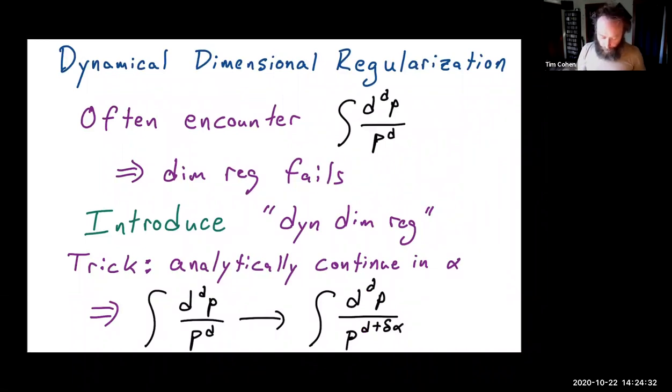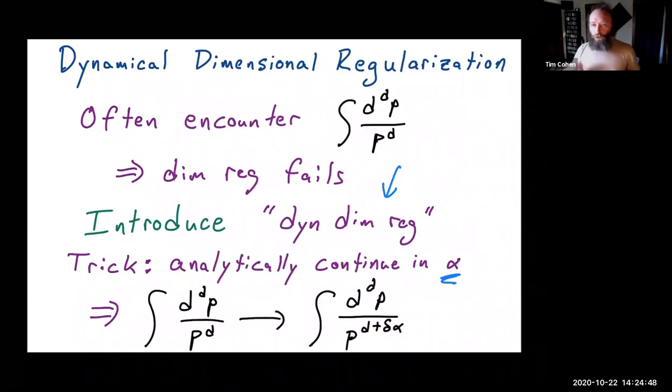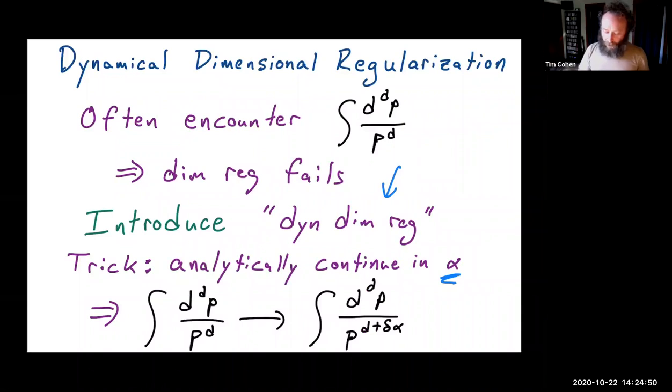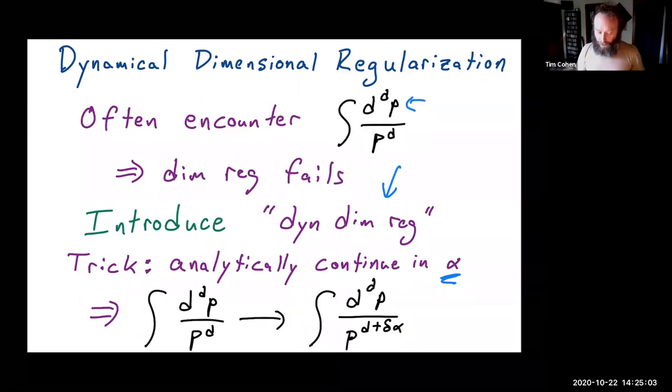Sorry, I'm running out of time, so I'm just trying to decide what to show you. Basically, we have a trick to deal with scaleless integrals that we call dynamical dim-reg. It amounts to doing an analytic continuation in alpha. It turns out when you do these perturbation theory calculations, you get numerators that both scale with, and so the dim-reg approach to regulate these integrals fails because they diverge in all dimensions.